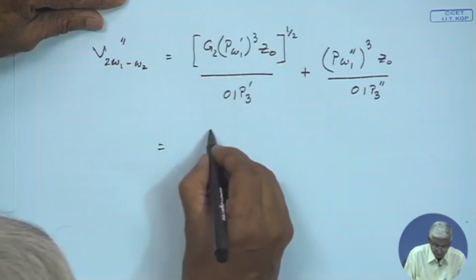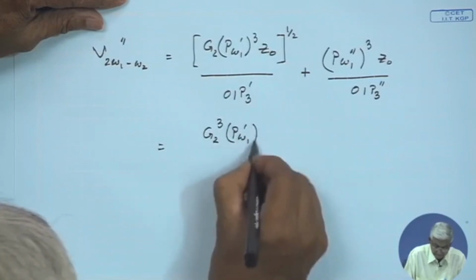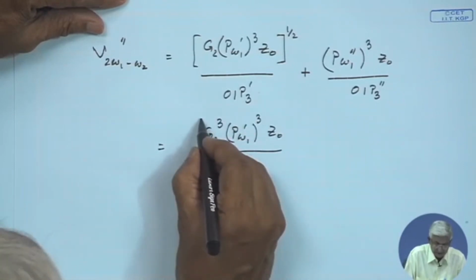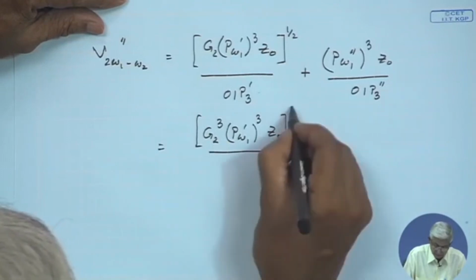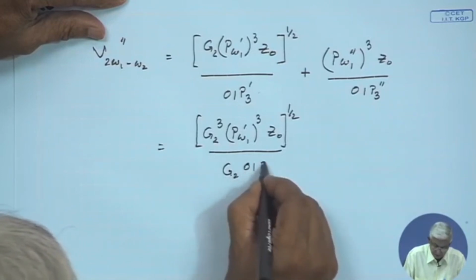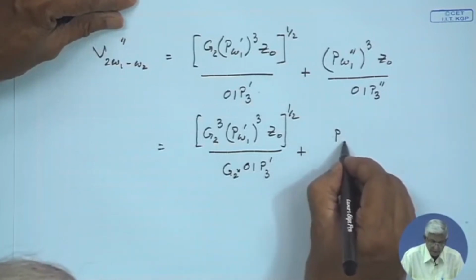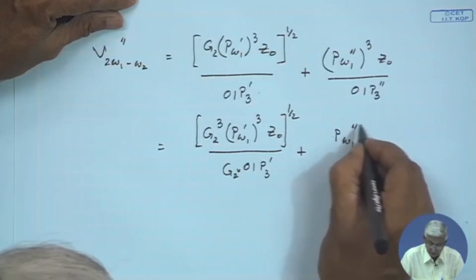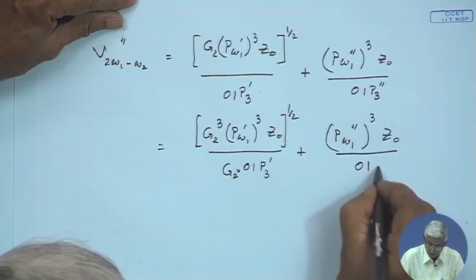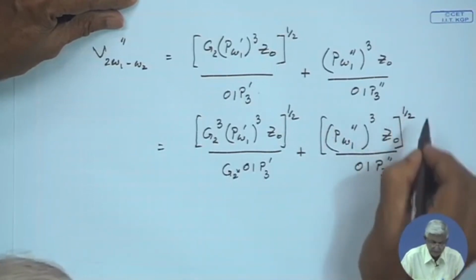Since it is inside the root, it becomes G2 cube P omega 1 prime cube, then Z naught divided by this, to the power half, and G2 into OIP3 prime plus P omega 1 double prime whole cube into Z naught over OIP3 double prime, and this is the square root of that.